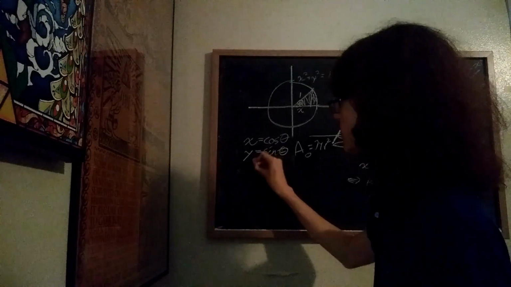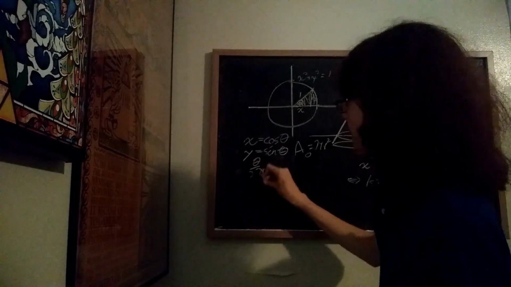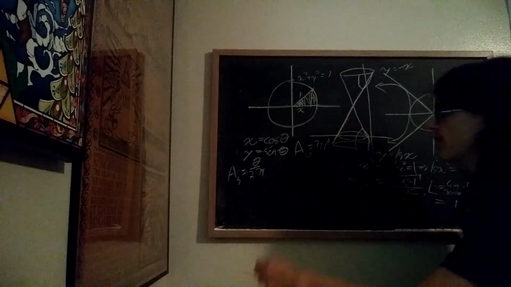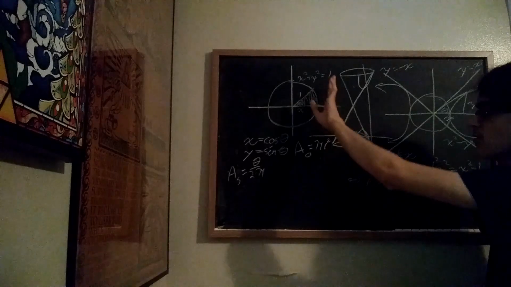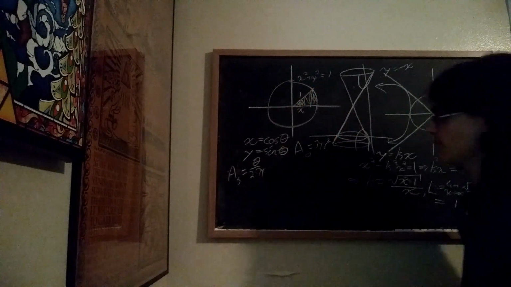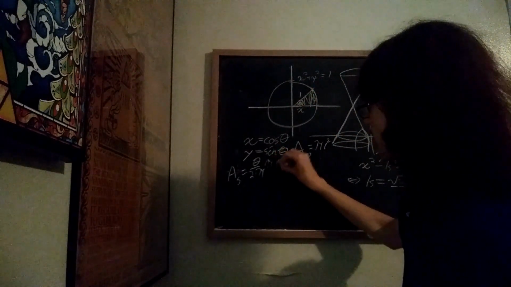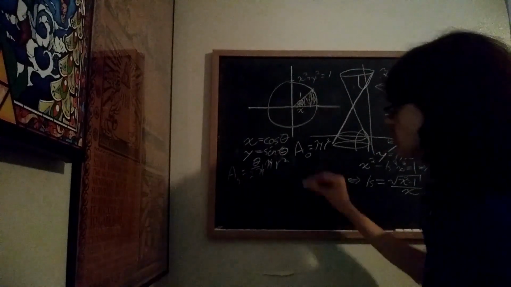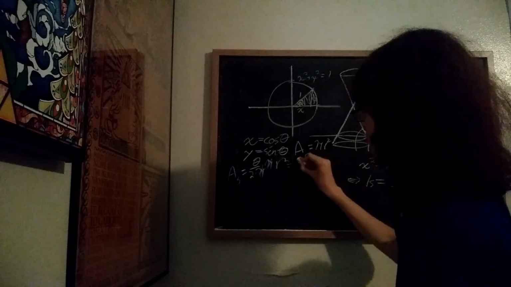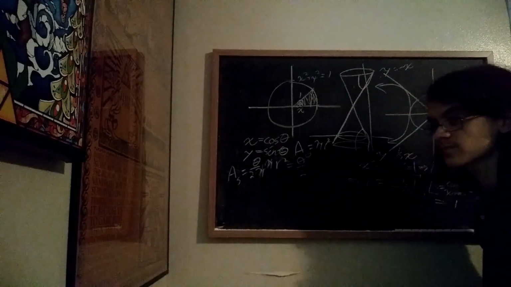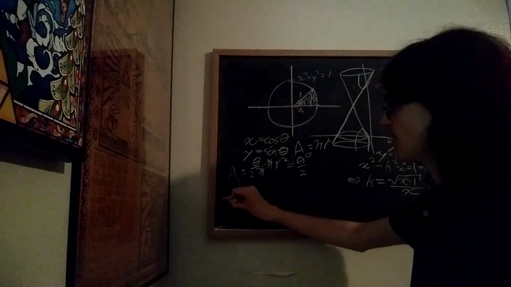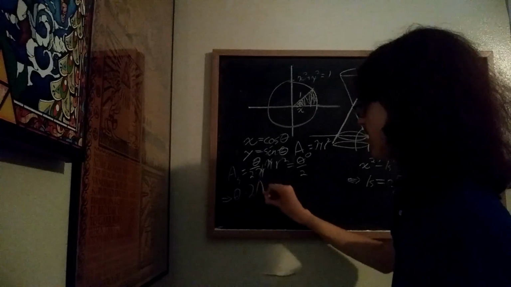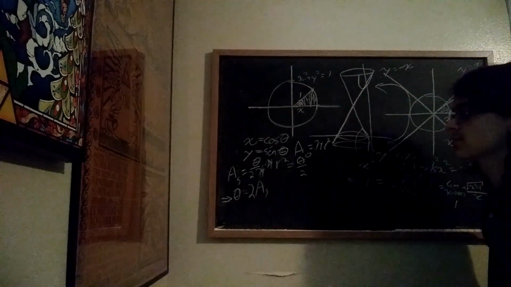So theta over 2 pi, this will be our area sector. And this will tell us the ratio of the area we're going to consider, and we only have to multiply that by the whole area. The pi's cancel, and r is 1. So we can say that the area of our sector is going to be theta over 2. In other words, our input, theta, is actually equal to twice the area of the sector.